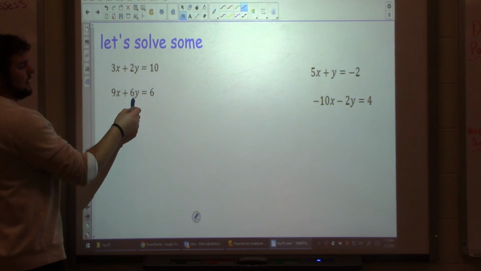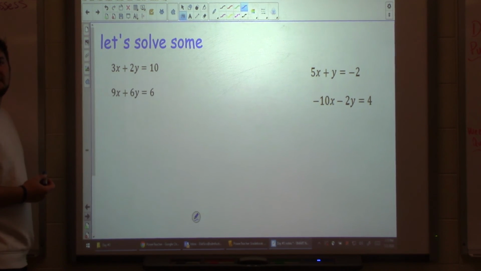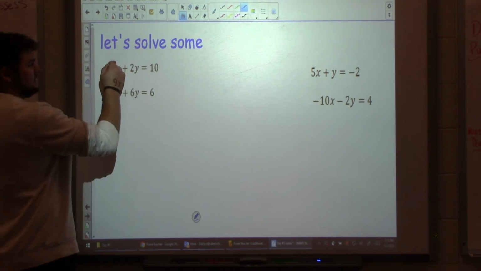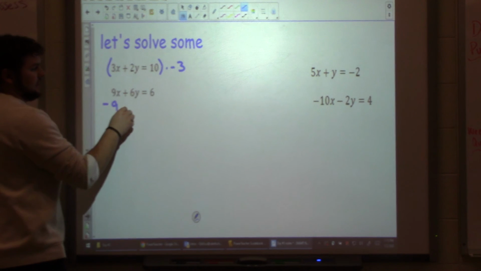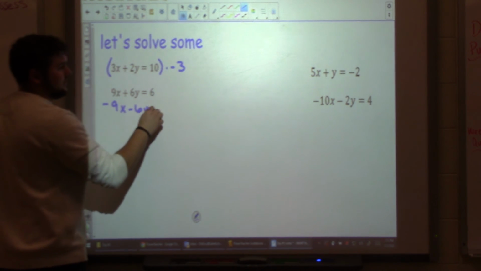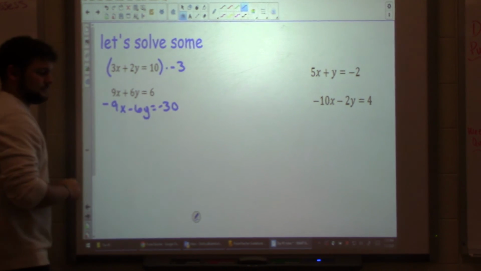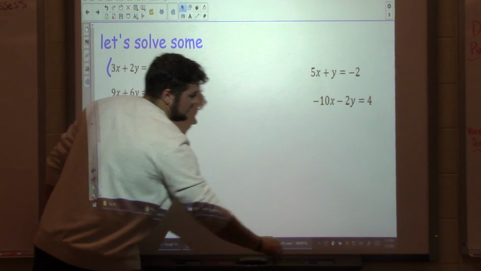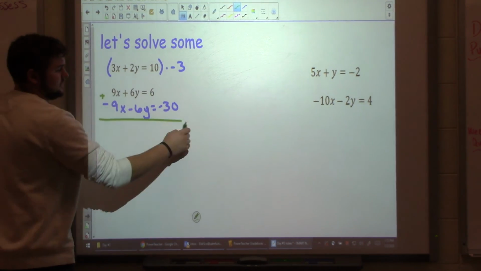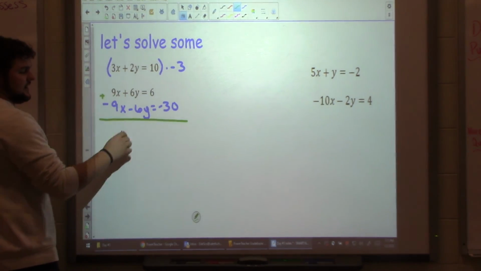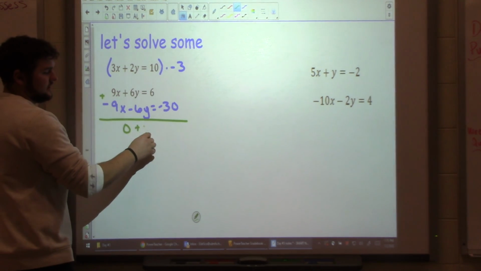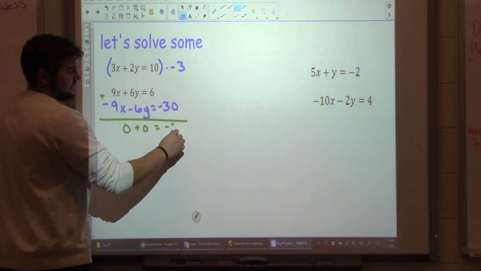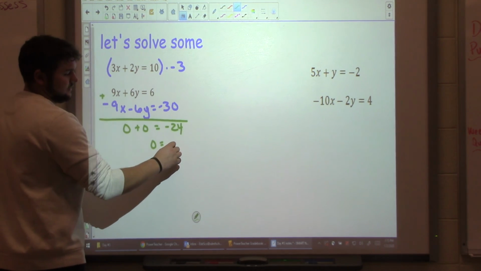I have 6y. What can I multiply 2y by to get negative 6y? Negative 3. When I do that, I get negative 9x minus 6y equals negative 30. Well, if I go to combine those, 9x plus negative 9x is 0. 6y plus negative 6y is 0. 0 equals negative 24.